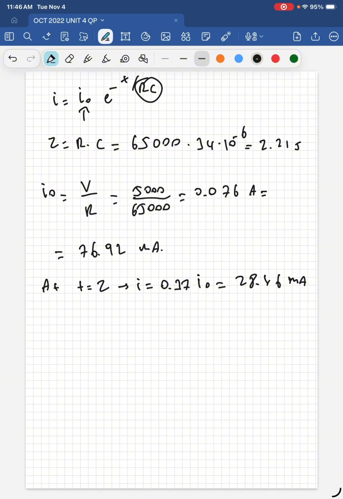At time equal to 5 time constants, I will be I naught e to the minus 5 tau over tau, which is about I naught over 1000. So that's about 0. Okay, so we have many points.